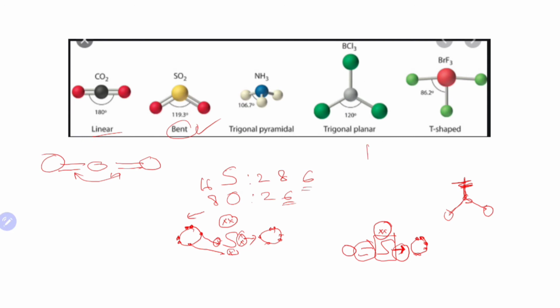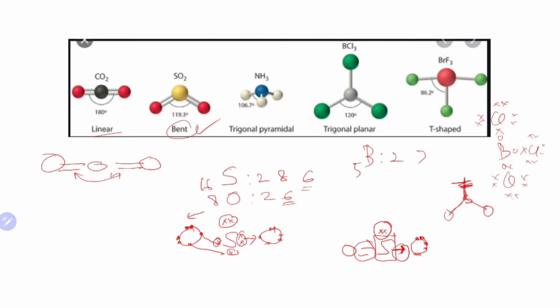BCl3, boron number 5, so 2, 3. So for boron there are 3 single electrons, no lone pair. Join with 3 Cl, group 7, 7 valence electrons. So one boron will need 3 Cl atoms.